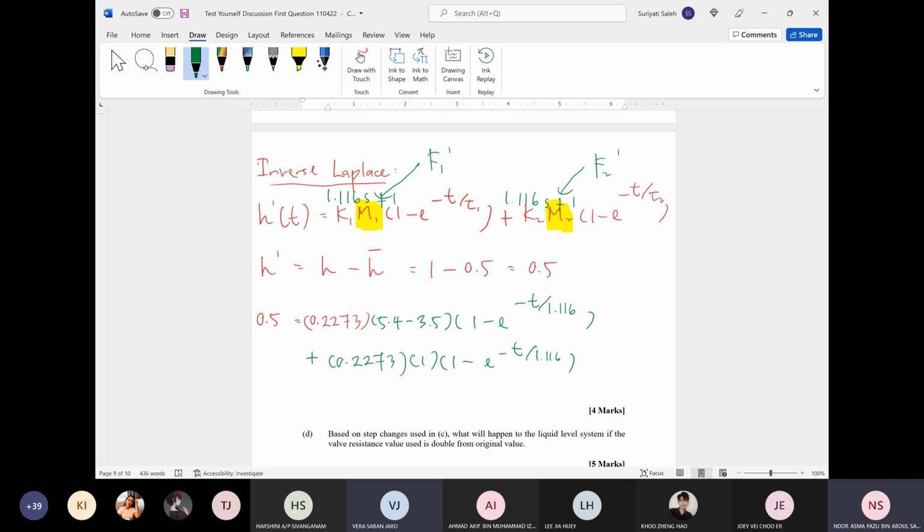6. Okay. So we have one single equation. Now you have the t as the unknown. Then of course you can solve for the t.